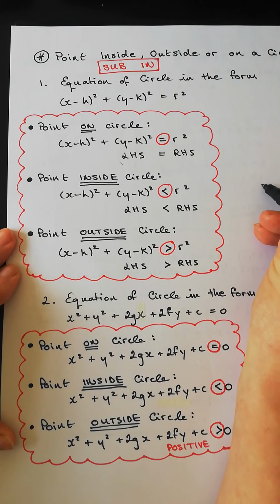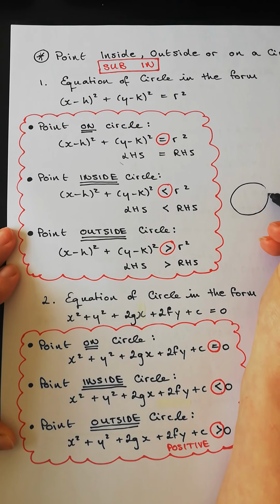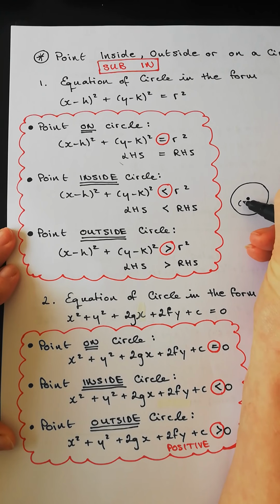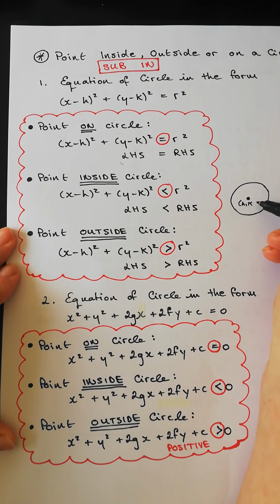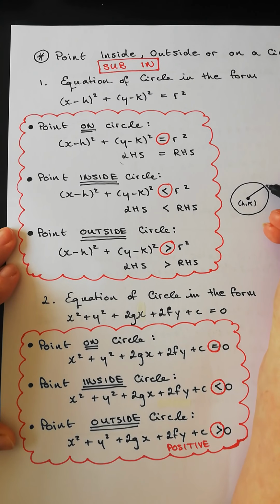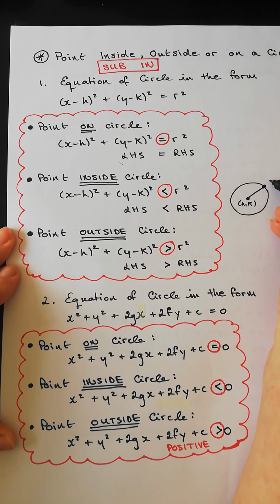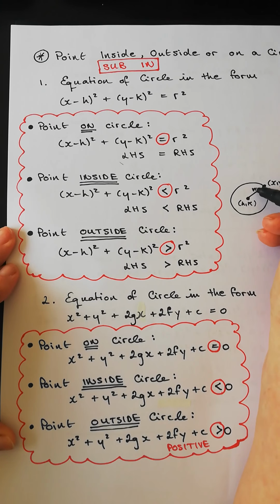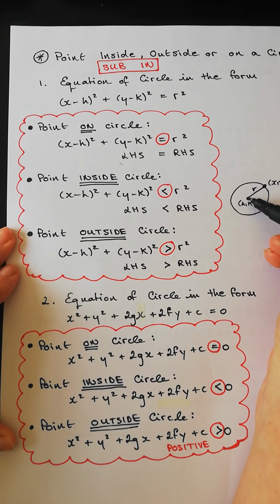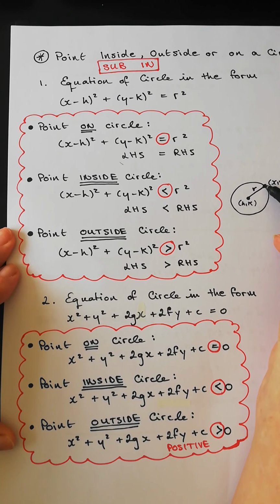It comes from the distance formula. We do the distance from the center (h, k) to some point on the circle (x, y). And the radius is, of course, the distance from the center to some point on the circle (x, y).